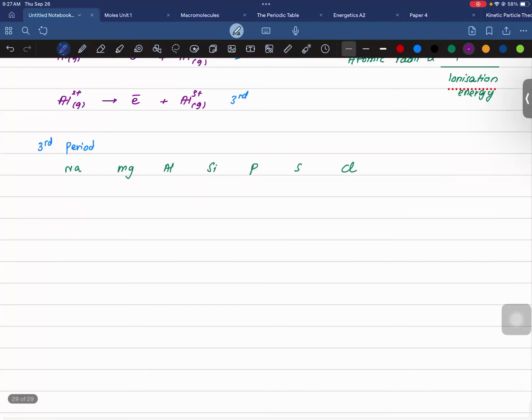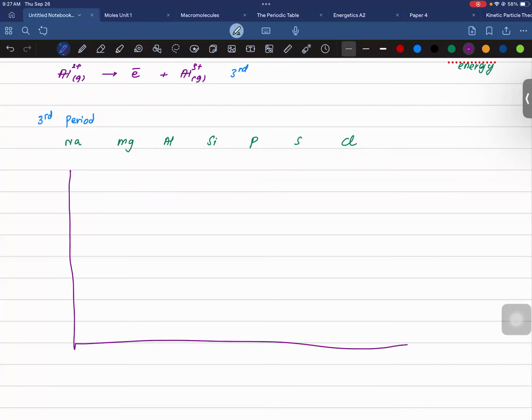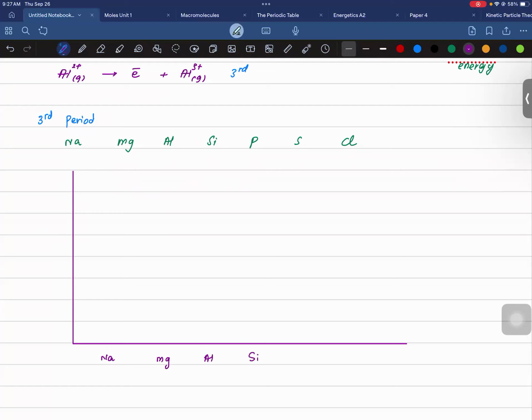Exactly. But remember, if you can see this, this is sodium, then we have magnesium, then aluminum, then silicon, then phosphorus, then sulfur, and then chlorine.